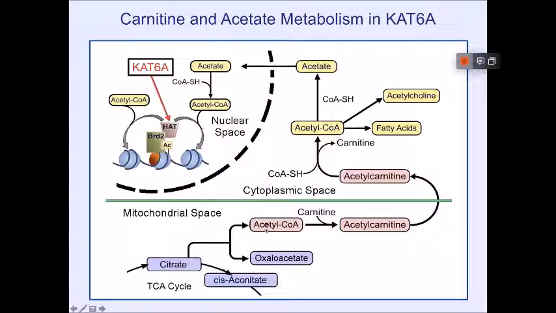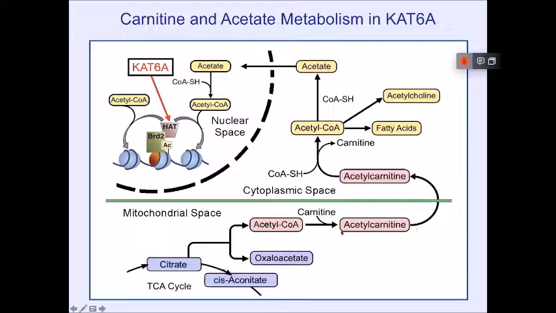Acetyl-CoA is naturally made from citrate, which is part of what's called the citric acid cycle, or the tricarboxylic acid cycle. And that acetyl-CoA in the mitochondrial space gets out as acetylcarnitine. This citrate conversion to acetyl-CoA can also occur outside.